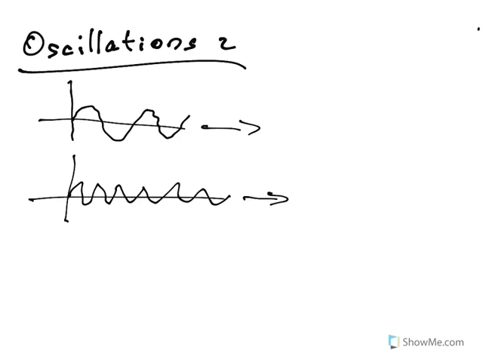And the good news is, if you want to know what happens when you have multiple waves all at the same point at the same time, you can use the superposition principle. Now, this principle comes up in a lot of different areas of physics, and it sounds fancy.